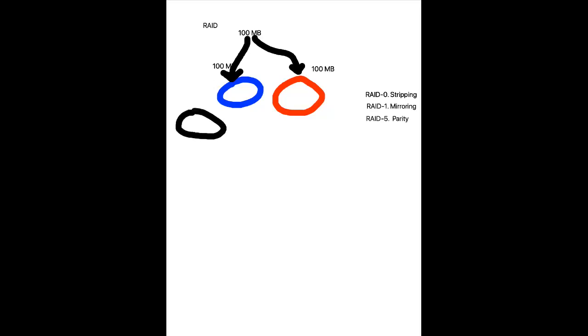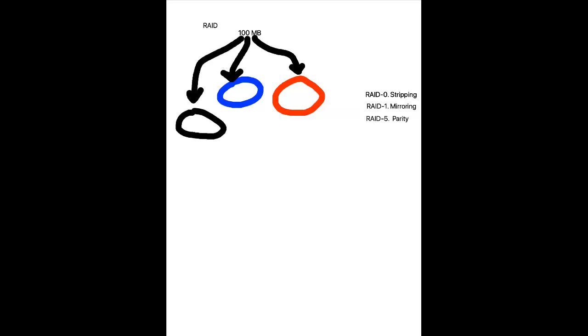Data is divided in such a way that it will take advantage of both the stripping also and the mirroring also.